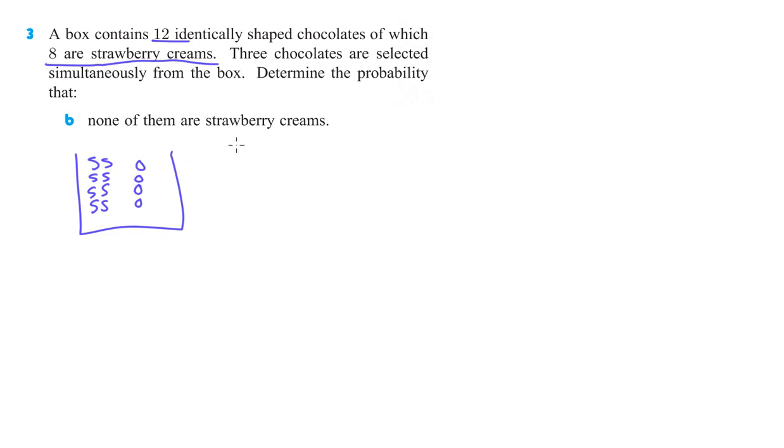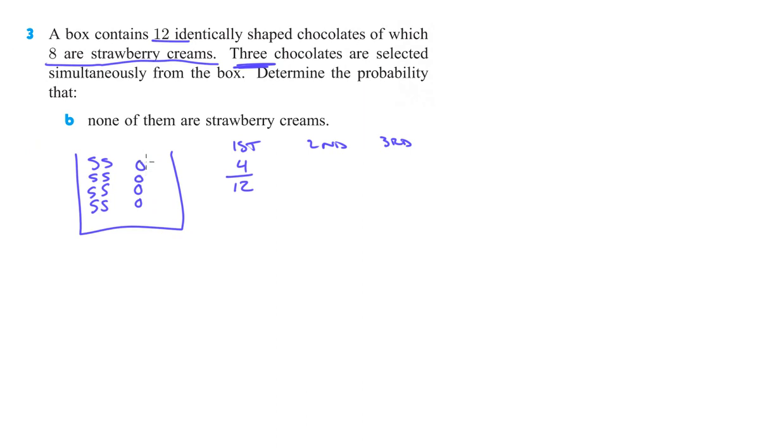So the probability on the first, we're drawing 3 chocolates. So first, second, third. I just kind of like to organize it so you can see what's going on here. Probability of not getting a strawberry cream on the first draw would be any of these 4 are what we want out of a total of 12. Okay?